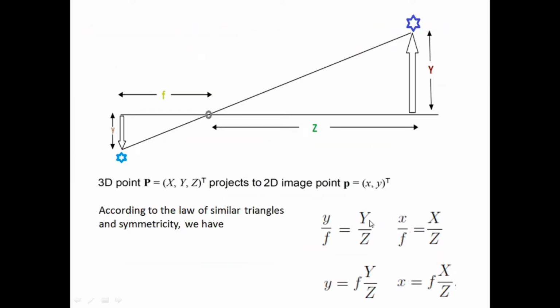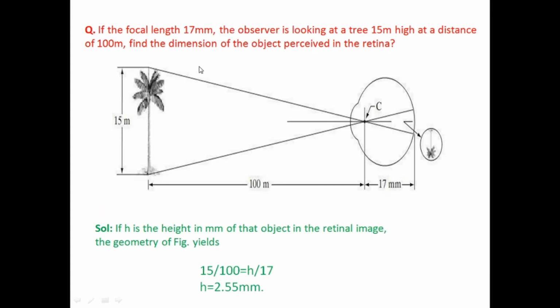Okay, so let us see a small problem on the things discussed so far. The focal length, that means small f, is 17 mm. The observer is looking at a tree 15 meters high. So this tree is 15 meters in height, and the observer is at a distance of 100 meters from the tree.